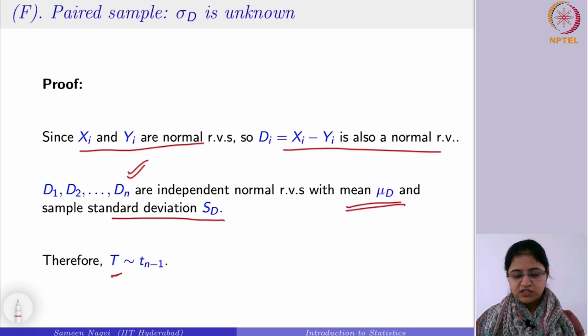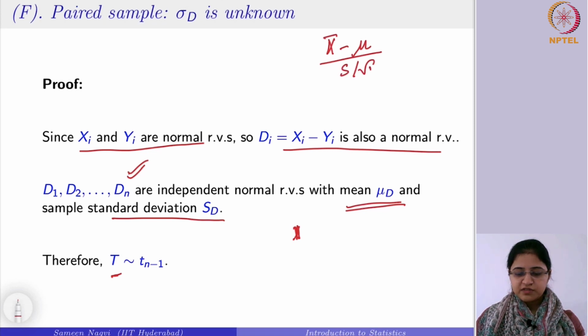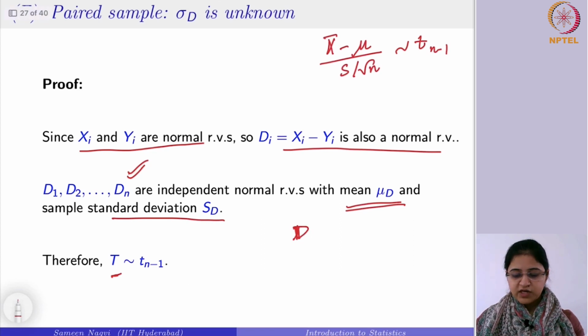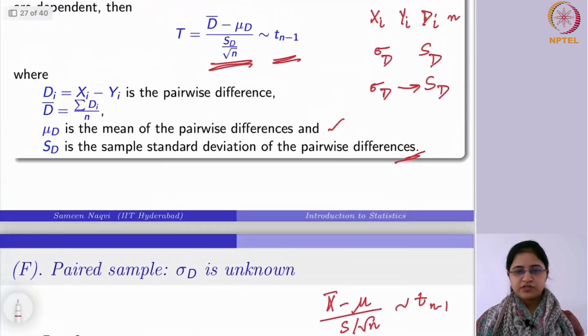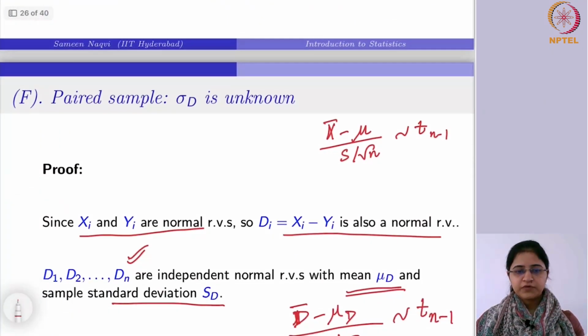So we know that t, which originally is x bar minus mu over s by root n, follows a t distribution with n minus 1 degrees of freedom. So instead of x bar you would have d bar, instead of mu you would have mu d, and s will be replaced by sd divided by root n. This would follow a t distribution with n minus 1 degrees of freedom. And this is what your result said.